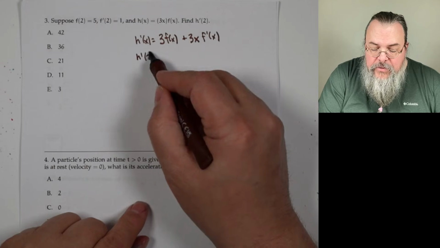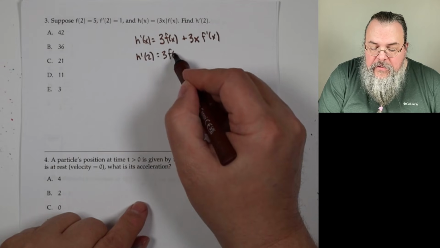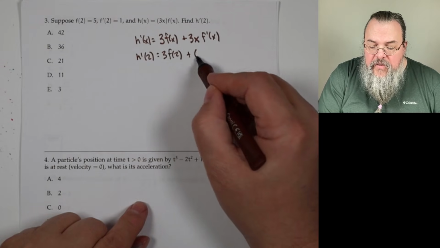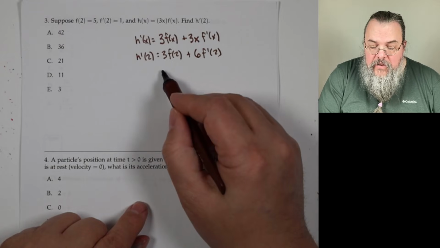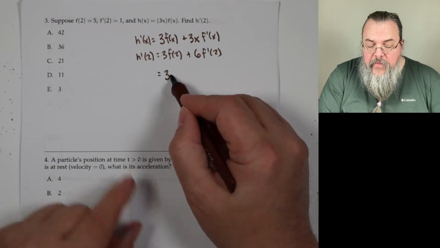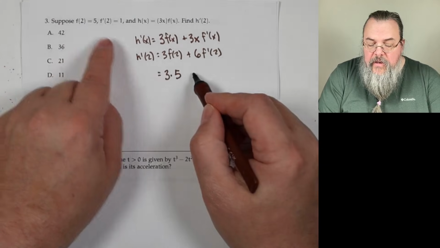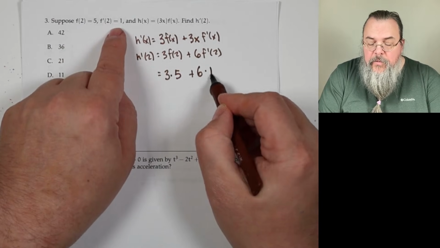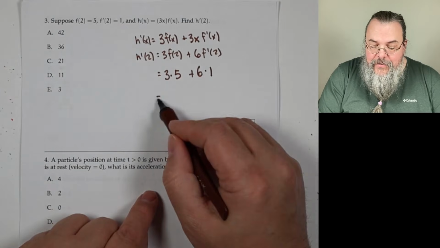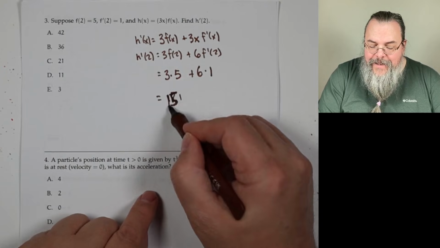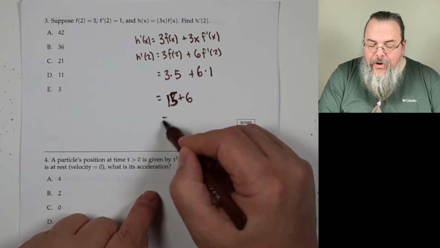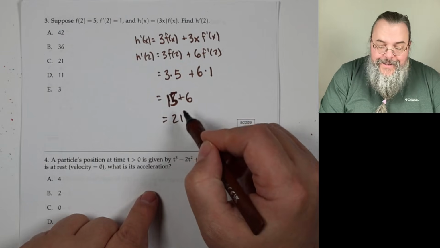H prime of 2 is 3 times f of 2, plus 3 times 2, which is 6, times f prime of 2. So that makes 3 times 5 plus 6 times 1, which is 15 plus 6, or 21. C.